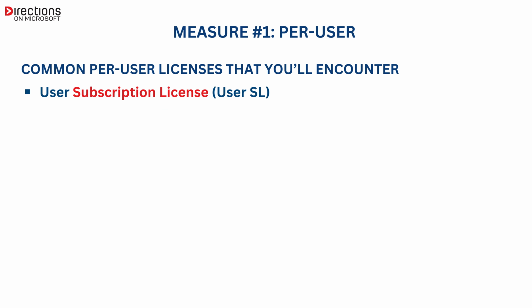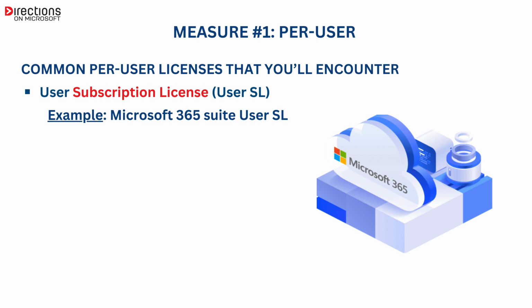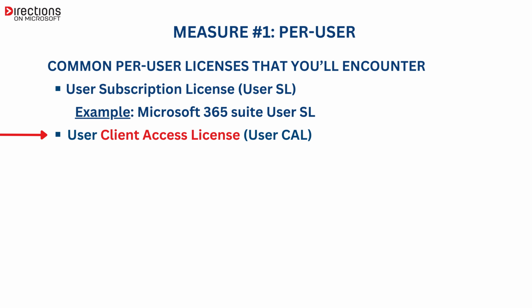First up, user subscription licenses, often called user SLs. User subscription licenses are most often associated with online services, such as Microsoft 365 suites and all its subcomponents, such as Exchange Online, if purchased separately. Next up are user client access licenses, often called user CALs.